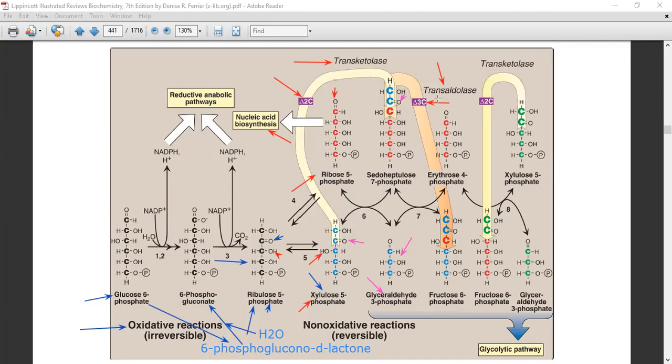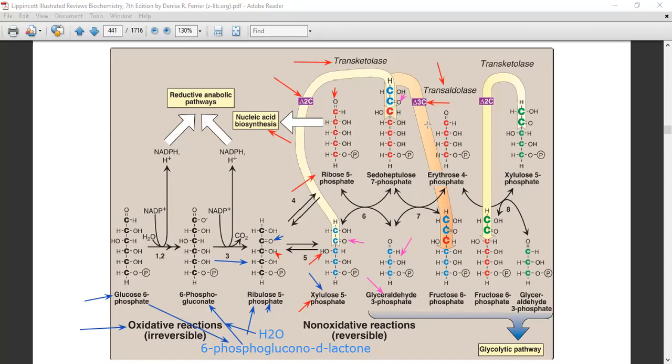So, in the second reaction, we will have a transaldolase. It transfers 3 carbons. So these 1, 2, 3 will be transferred to the glyceraldehyde 3-phosphate. So 3 plus 3, 6. We will have a 6 carbon compound known as fructose 6-phosphate.